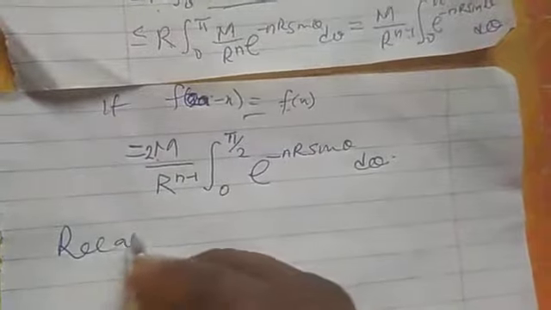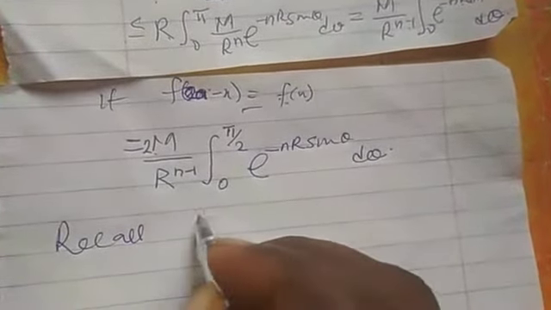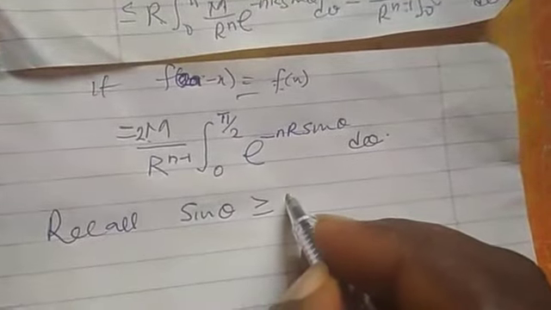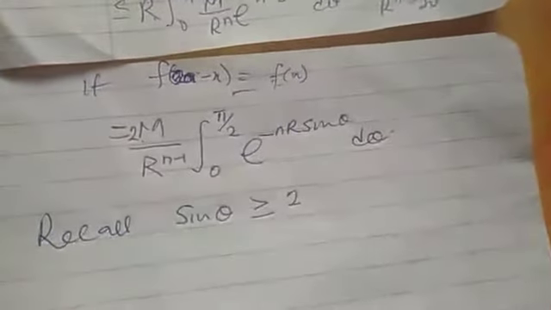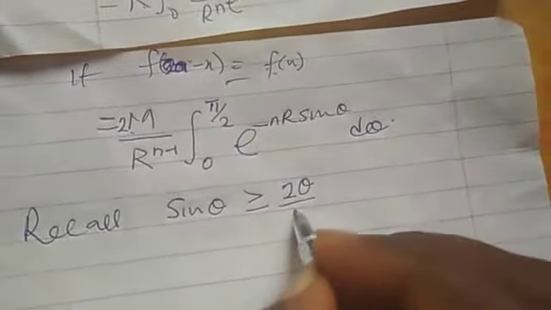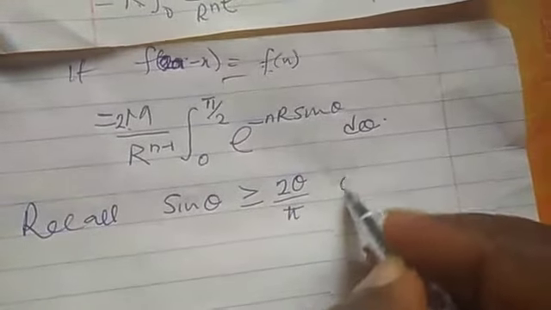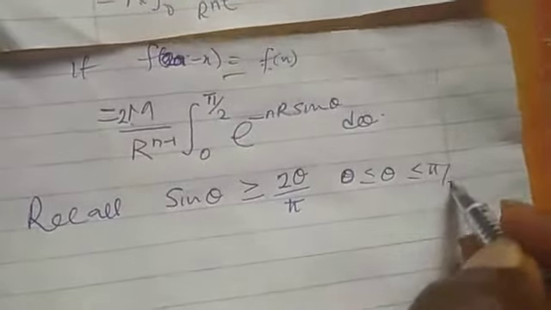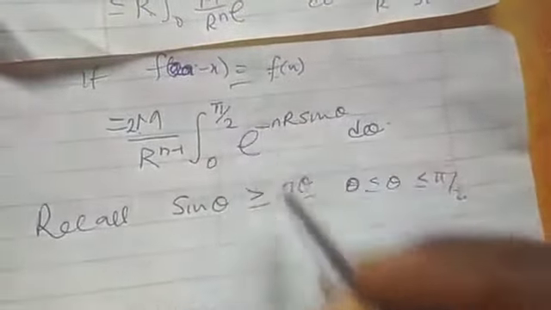So let's recall that sin θ is greater than or equal to 2θ/π, that is when 0 ≤ θ ≤ π/2, and we have this.